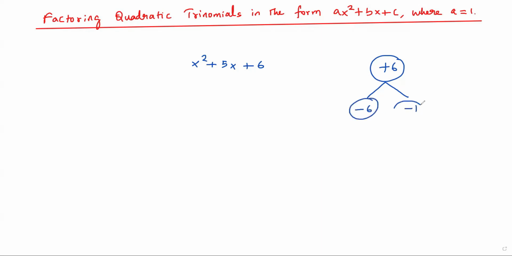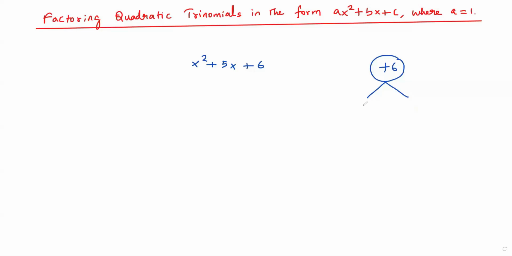The product of these two factors equals positive 6. But when I add them, I get negative 7, which is not equal to positive 5, the coefficient of x. So the factors negative 6, negative 1 do not work. I have to try some other pairs of factors.